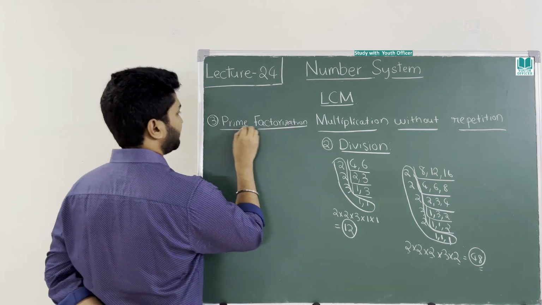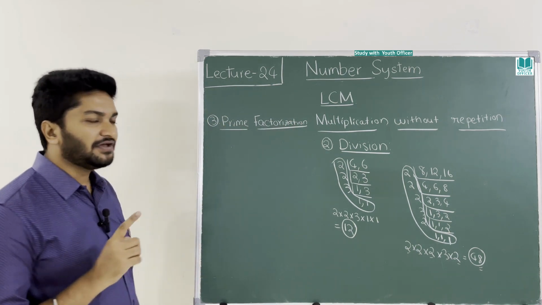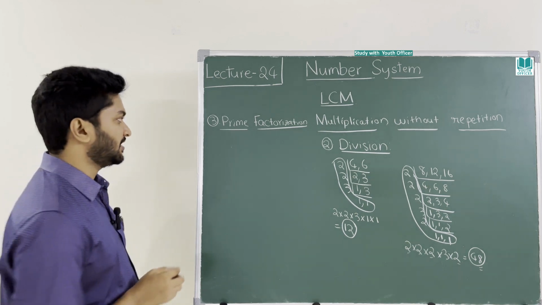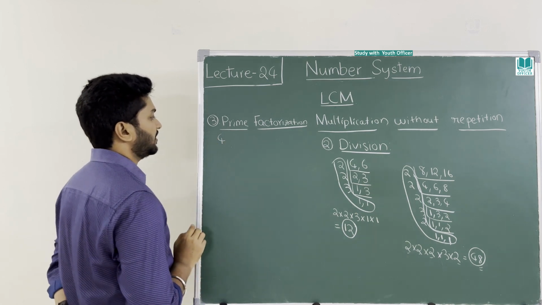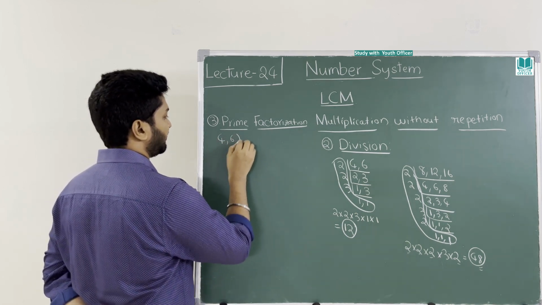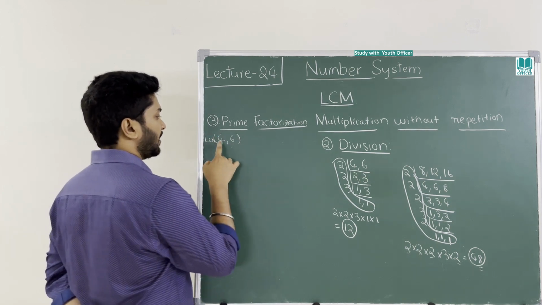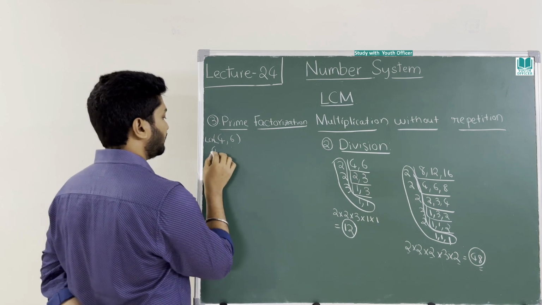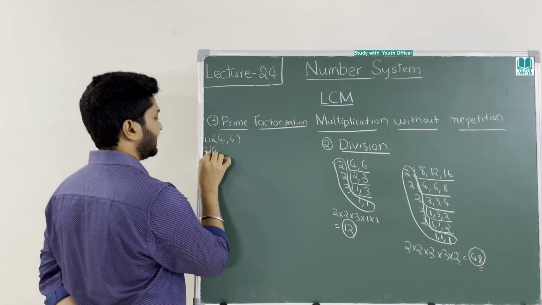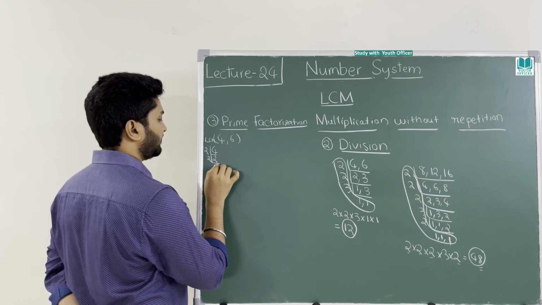What is this prime factorization? You know how to divide a number into prime factors, right? I already taught you. If you want the LCM of 4 comma 6, you have to find the prime factors for 4. 4 will be written as: second table can divide 2 times and this 2 also can divide 1 time.